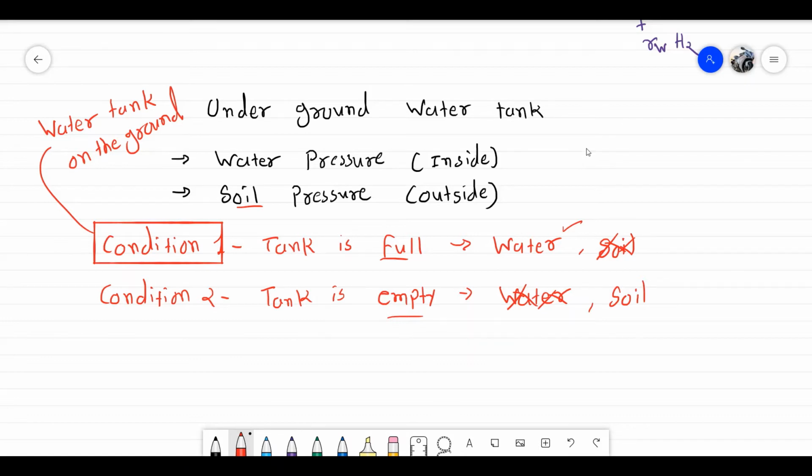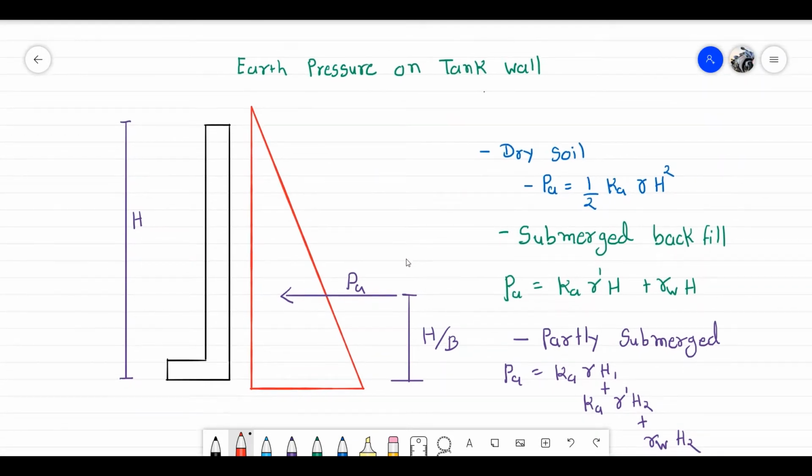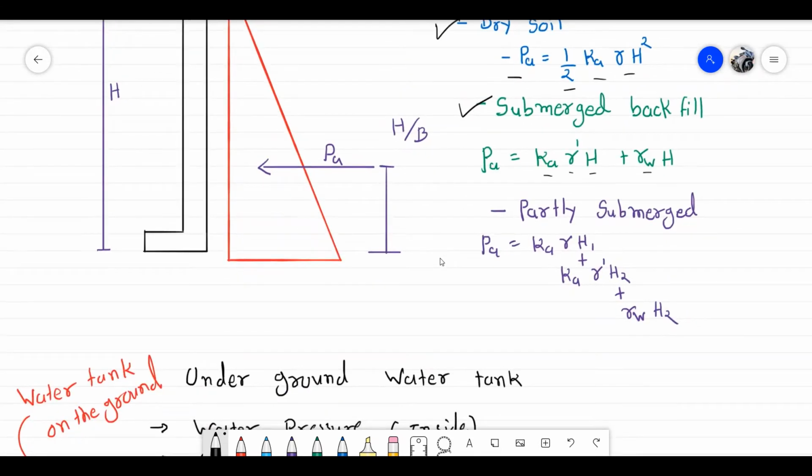Here I am writing some equations for earth pressure on a tank wall. If dry soil, pressure is Pa = 1/2 Ka gamma H square. If submerged backfill, Ka gamma dash H plus gamma W H. If partially submerged, then Pa = Ka gamma H1 plus Ka gamma dash H2 plus gamma W H2.